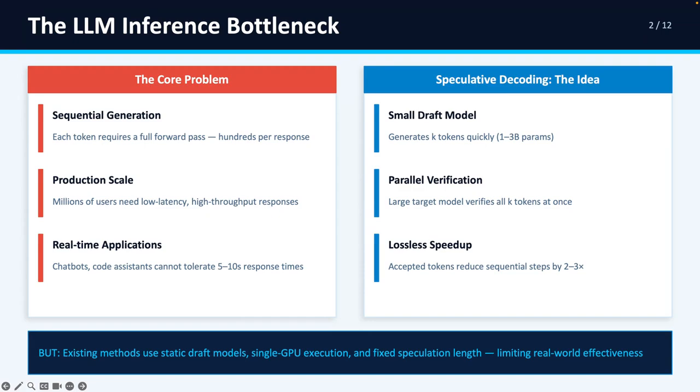The critical insight is that verification is cheap. The target model can check K tokens in nearly the same time as checking one token because the computation is parallelizable across positions. However, as we will see on the next slide, existing speculative decoding systems have significant limitations that prevent effective deployment in real production environments.